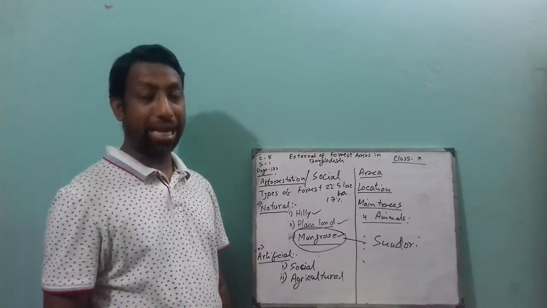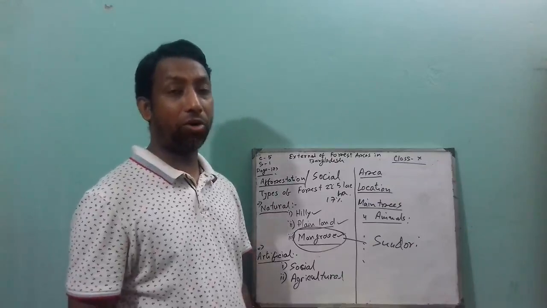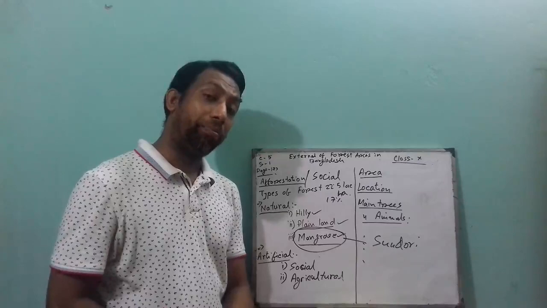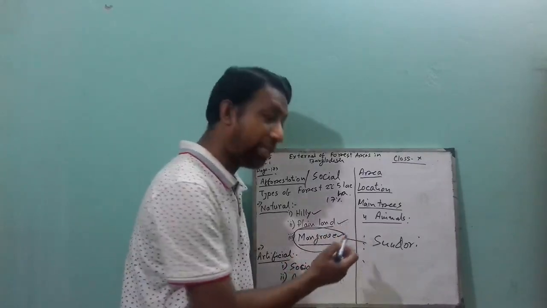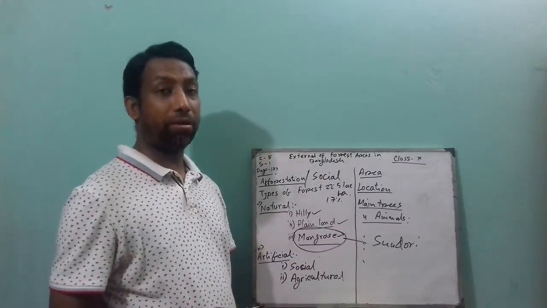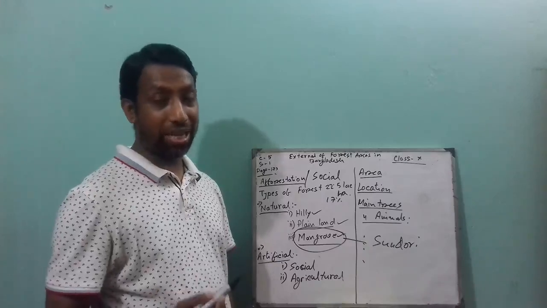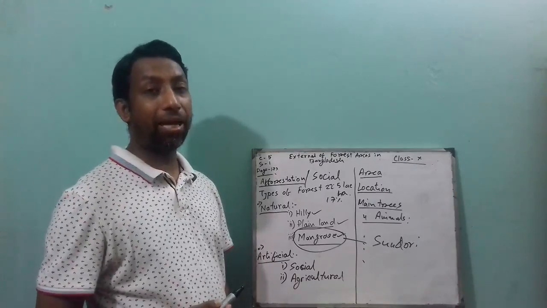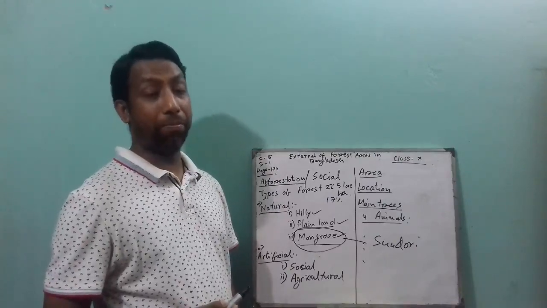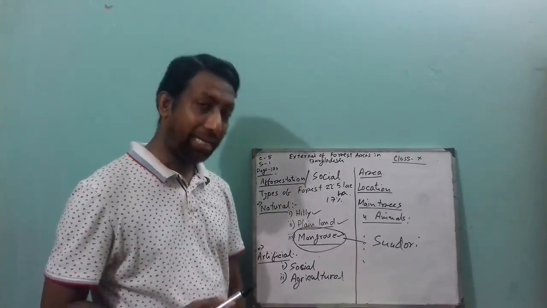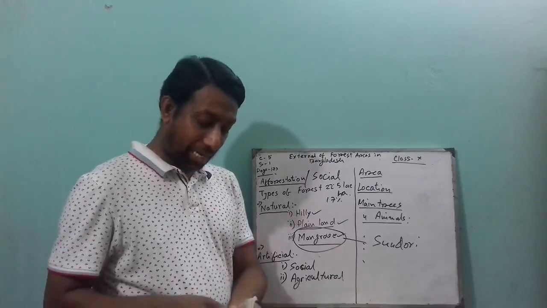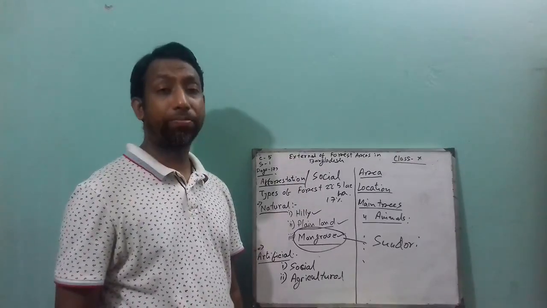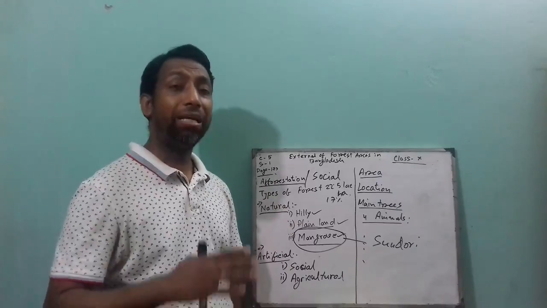That is why the plants or trees of this area have aerial roots. These aerial roots are used to get oxygen from the air, because the land is saline and the plant cannot take much oxygen from the land.